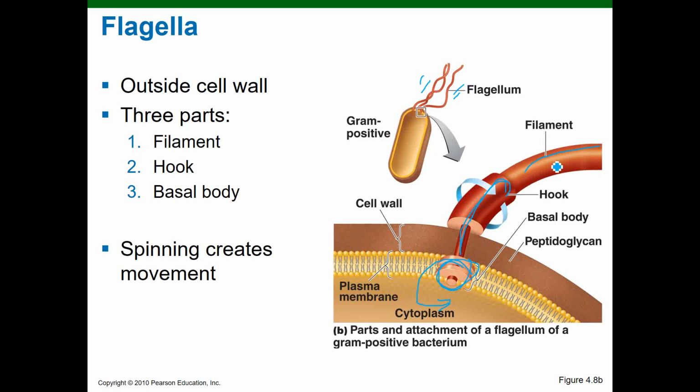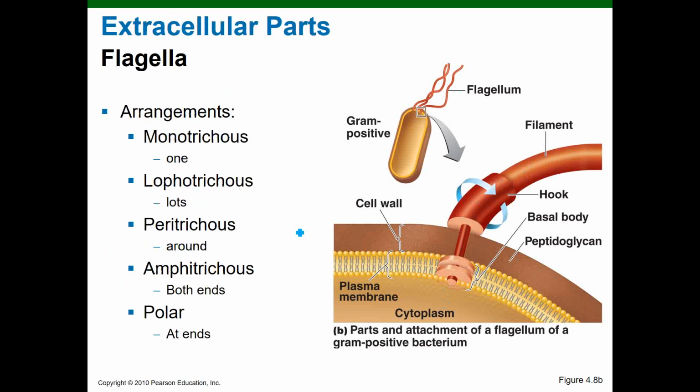So you have the filament, which is the long hair portion, the hook that helps anchor it, and the basal body. You might see this term in anatomy: basal is talking about basement or anchoring. Basement membrane, basal. Okay. So that's flagella.